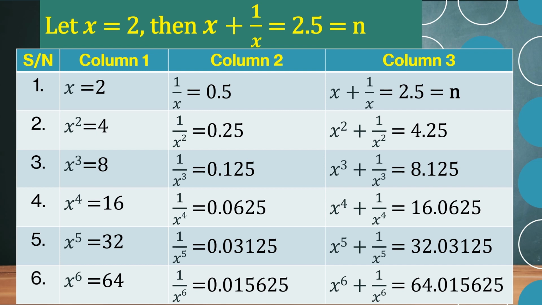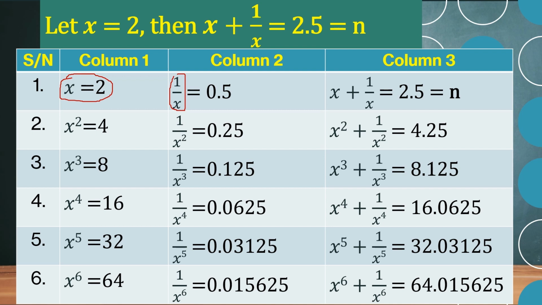So if we just look at serial number 1, column 1, we have x is equal to 2. So if x is 2, what do we have for 1 over x? That's 1 over 2, which is half, and that's 0.5.